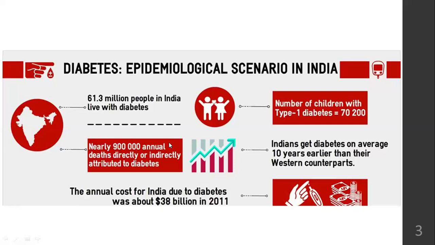Your body is supposed to survive through a low calorie diet, but now you are having a high calorie diet. So as a response to that, Indians get diabetes way earlier than Western counterparts. We don't need to get obese to get diabetes. Even if people are slightly overweight, or even if they have a normal BMI, they will get diabetes.